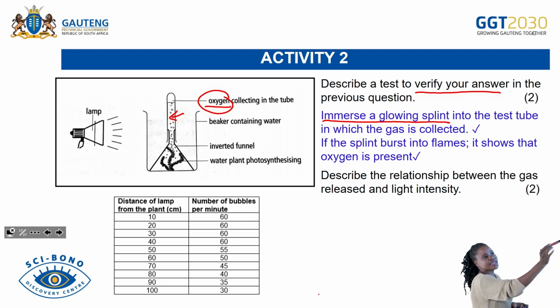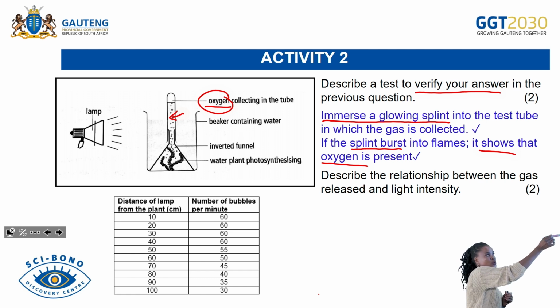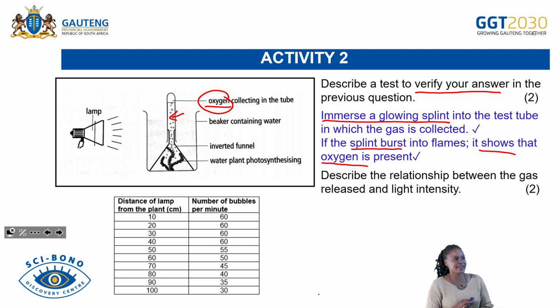If the splint bursts into flame, it shows that oxygen is present. So the test is that when we immerse the splint into this test tube that has bubbles or gases, if it bursts to give us flames, it means that oxygen is present in that funnel.